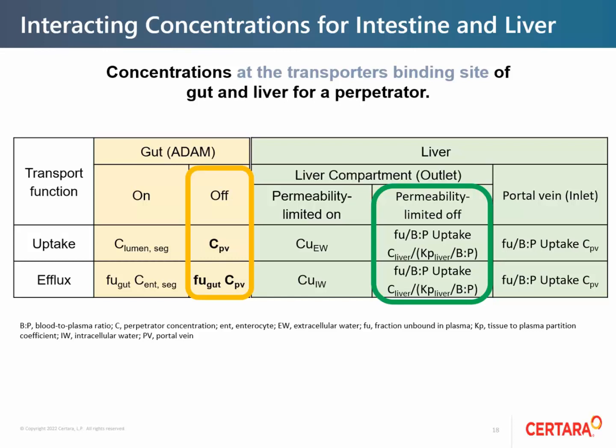If the ADAM module is turned off, then the enterocyte concentration is replaced with the portal vein concentration. And this is just to show you that by changing the model parameters, you can also change the driving concentration for the drug-drug interaction or herb-drug interaction.